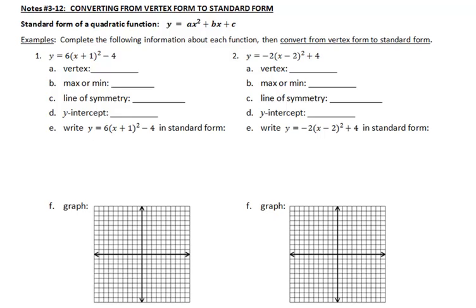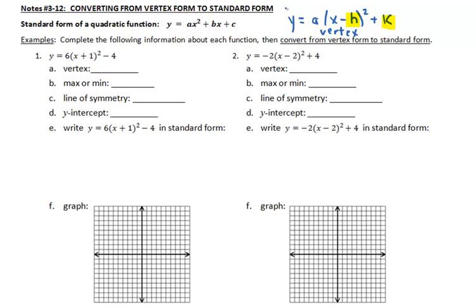If you'll remember, vertex form was written as y equals a times (x minus h) squared, then add k. And if you'll remember, the h and the k give us our vertex, so it makes it a little easier to graph.